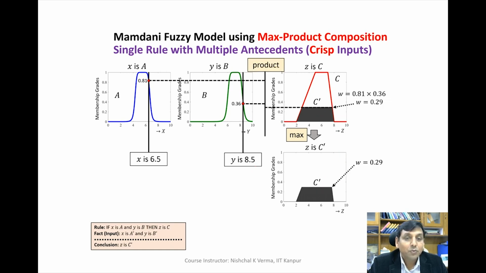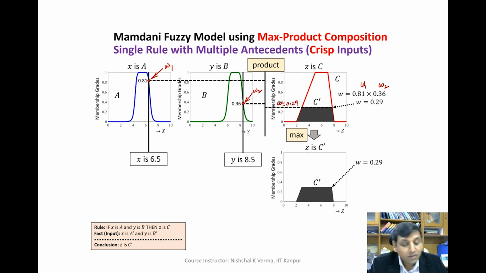Now what happens when we take the max product composition? Since we already have W1 and W2, the weights corresponding to x is equal to 6.5 and y is equal to 8.5, when we take the product of these two weights, we get W is equal to 0.29.